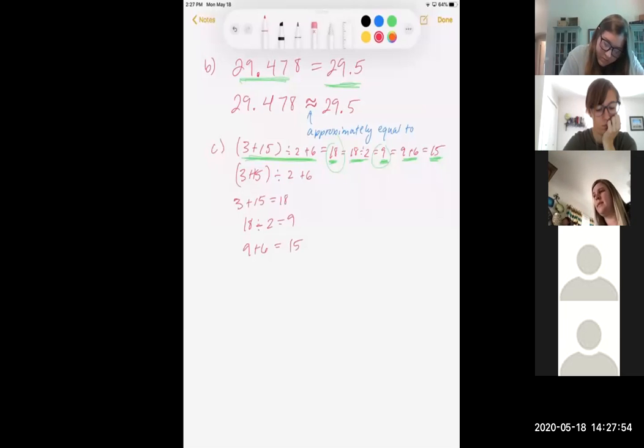The other big section for this part of Unit 1 is adding with not just mental math, but we're going to add with the concrete models and drawings.